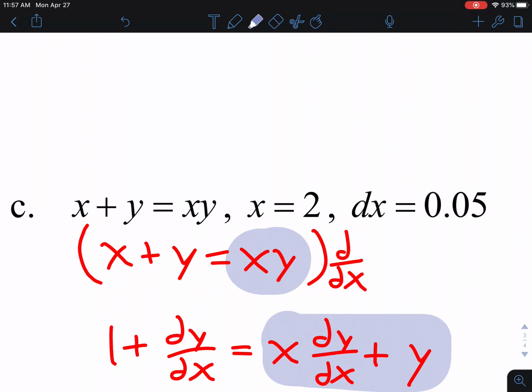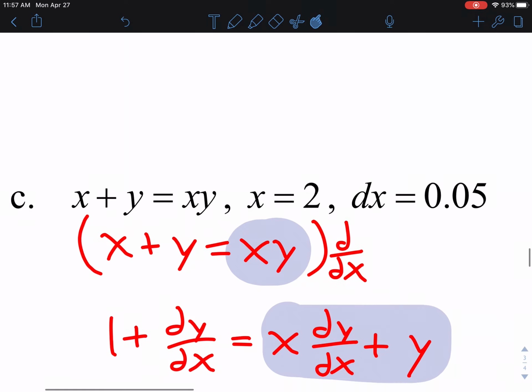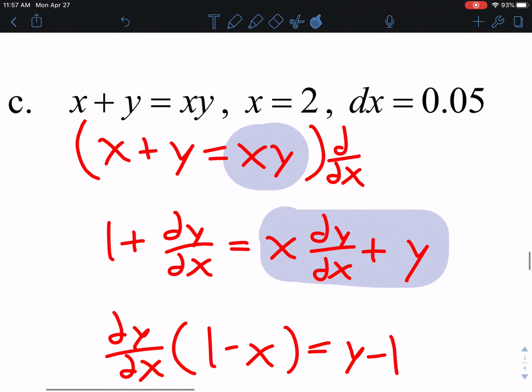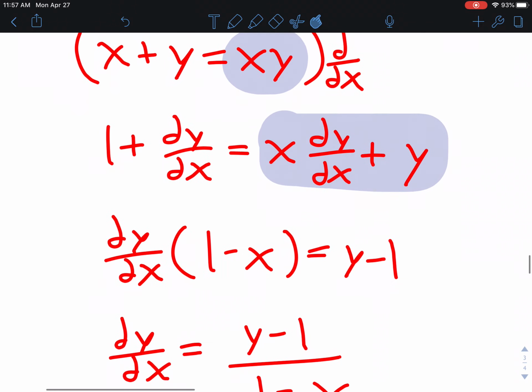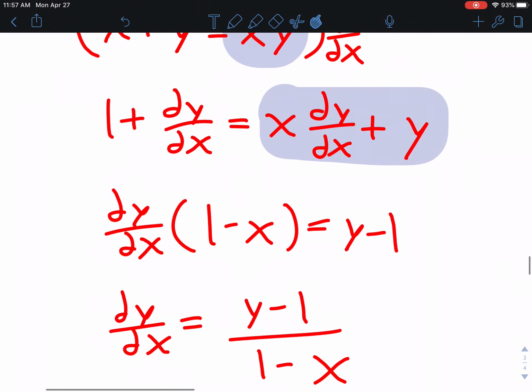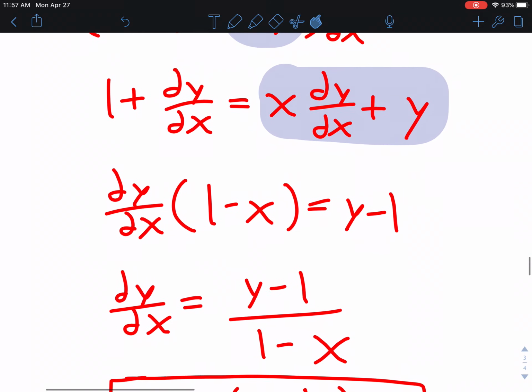So x times the derivative of y, which is dy dx, plus y times the derivative of x, which is 1. And now I have multiple dy dx terms, so I bring them all to one side, factor it out. Anything that doesn't have a dy dx goes on the other side, okay? And now I divide, and so I get dy dx equals y minus 1 divided by 1 minus x.